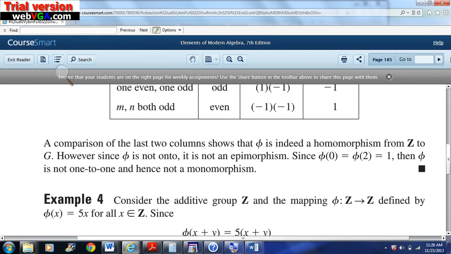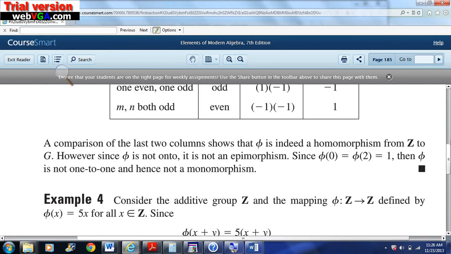And last but not least, since phi of 0 is equal to phi of 2, which equals 1, because they're both even numbers, then phi is not one-to-one, and hence not a monomorphism.